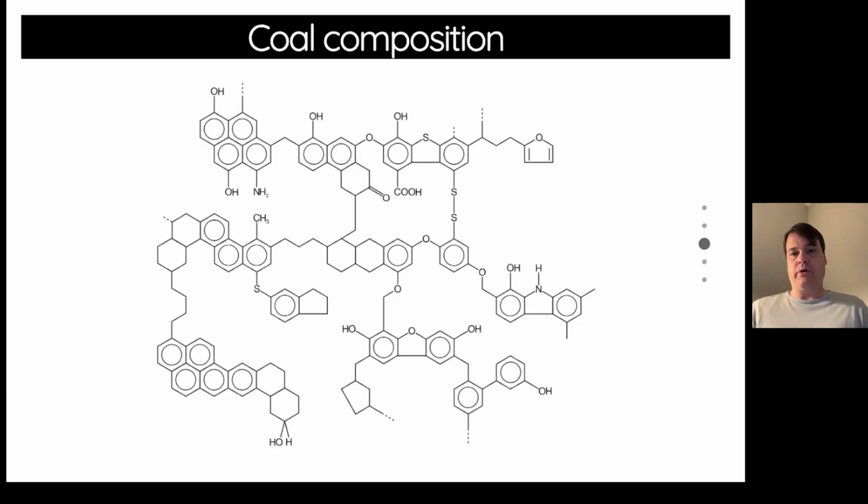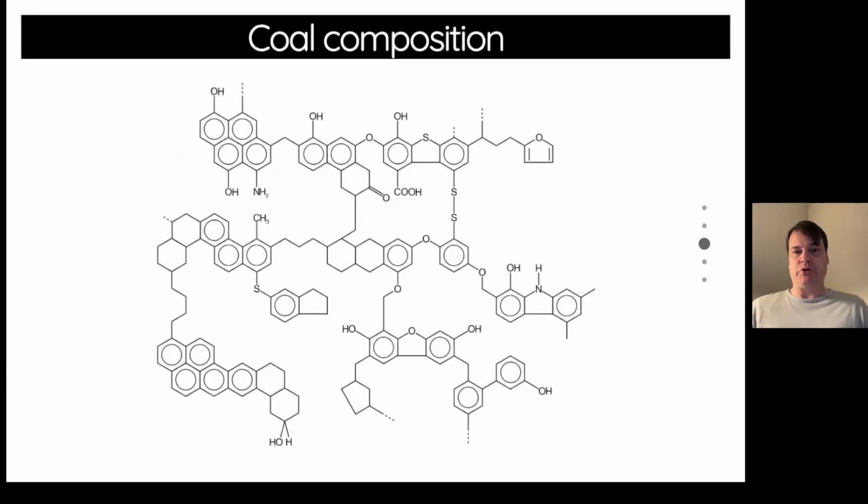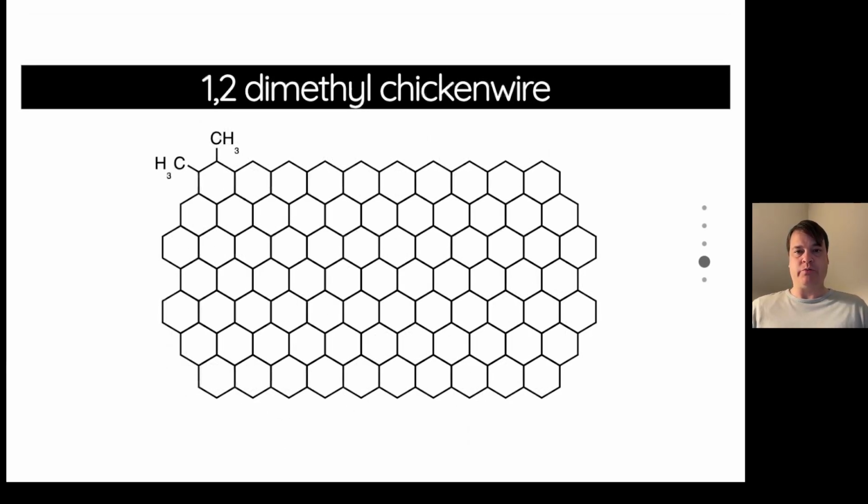And then any inorganic matter is what we call ash, and that comes out in the flue gas as an ash fume and is removed by particle collection devices. It can also stick to the walls and form slag. Sometimes this molecule is jokingly referred to as 1,2-dimethyl chicken wire. It's kind of fun.